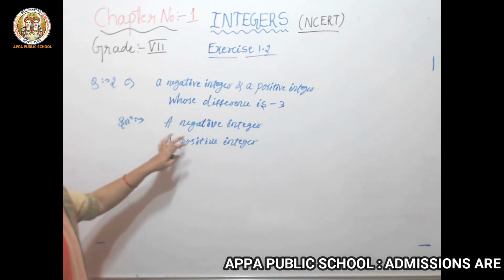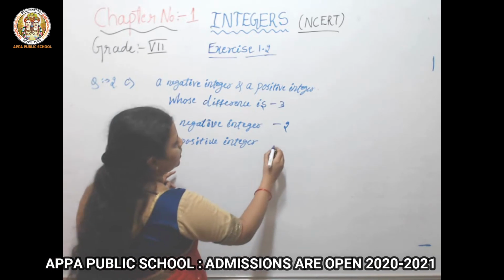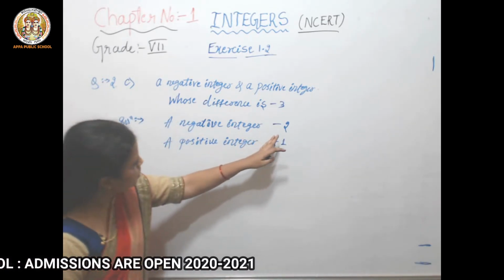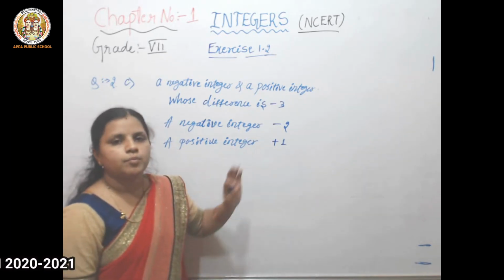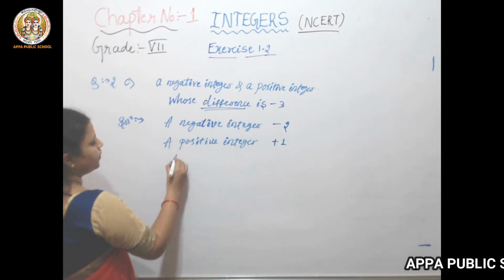Solution: a negative integer as minus 2, a positive integer as plus 1. And what is the condition here? It is the difference.